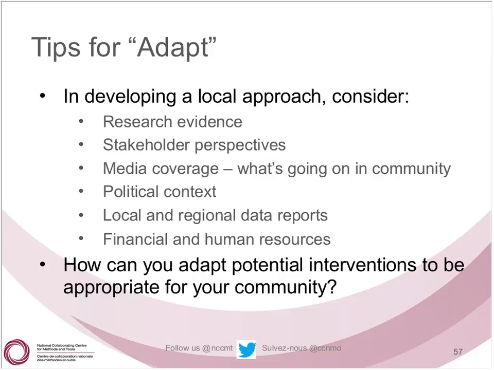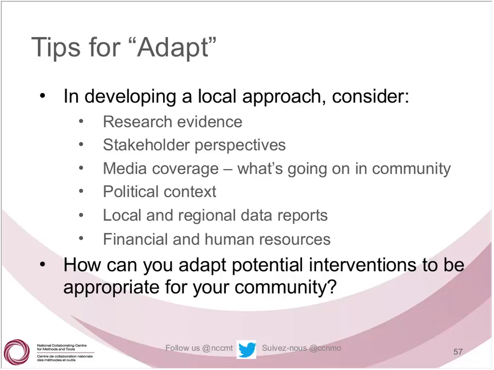And when you're thinking about this ADAPT step, you want to think about the research evidence, what stakeholders think and want to do, what's going on in the community. Maybe there's a hot issue right now that deserves some attention, the political context, your data reports. So, you know, this is a big problem in some places, but is it a big problem here?